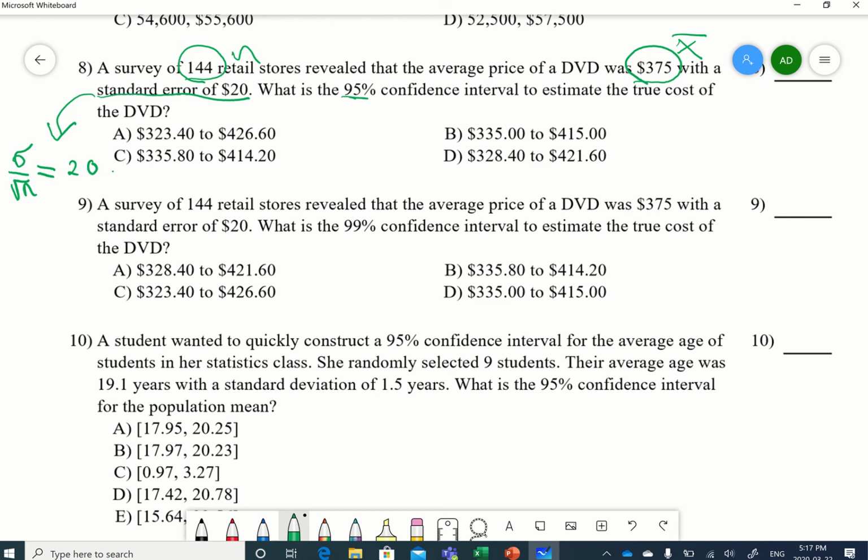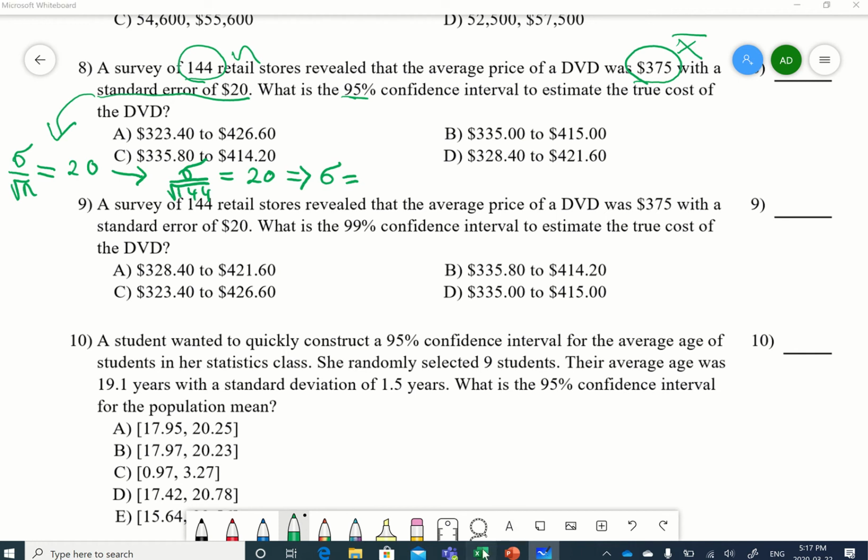So you have to do a little bit of algebra before actually going to MegaStat, because from this formula you have to figure out what sigma is. We already know what n is, so you can plug that in. Sigma divided by square root of 144 equals 20. That means sigma equals square root of 144 times 20.